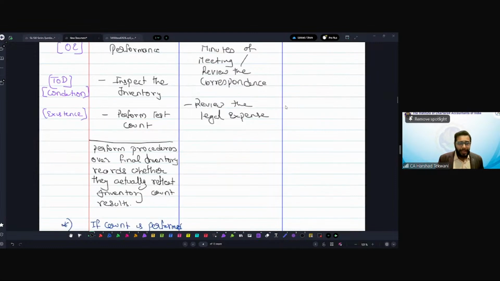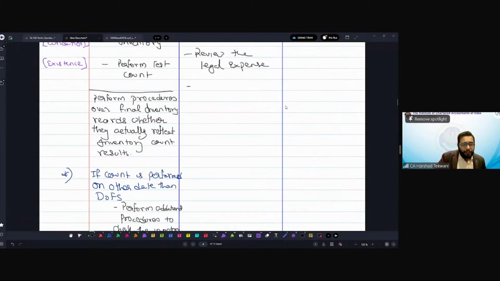You may also send the confirmations to external legal counsels. But for that you need to follow the appropriate procedures.